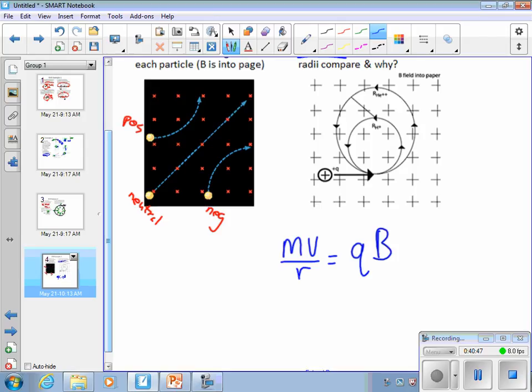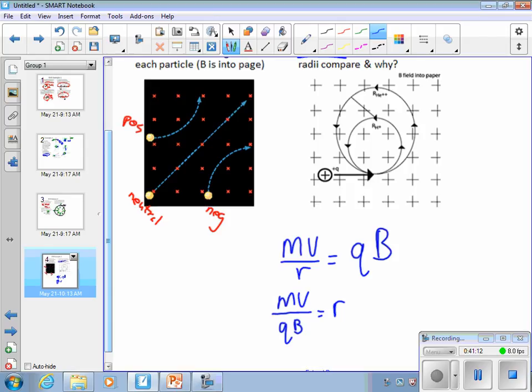I'm going to multiply r on both sides and divide by qb, yes? So mv divided by qb equals r, yes? And I was asked for a ratio, because I don't actually have specific numbers to plug in. That's perfectly fine. We're going to do a ratio.